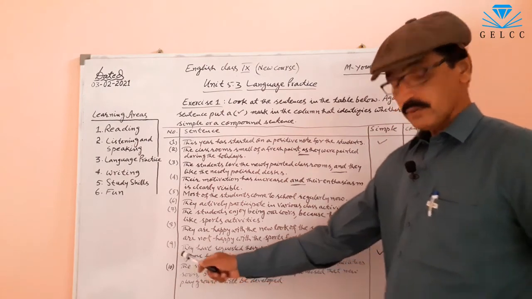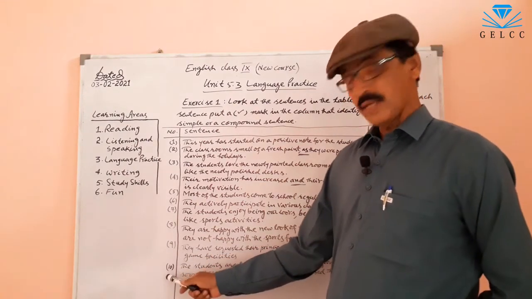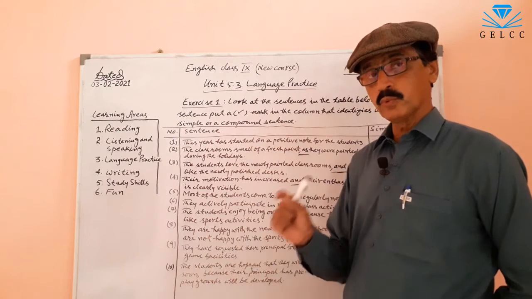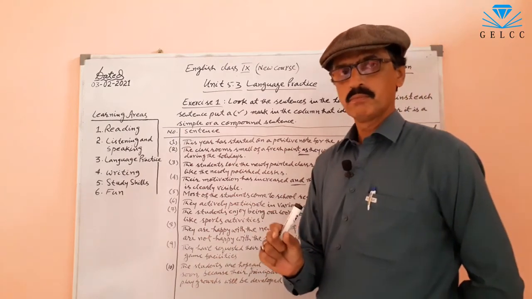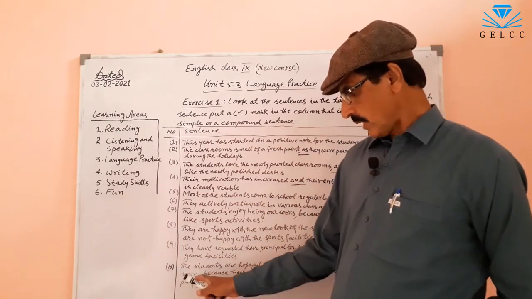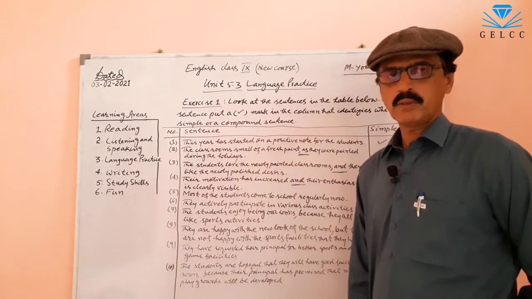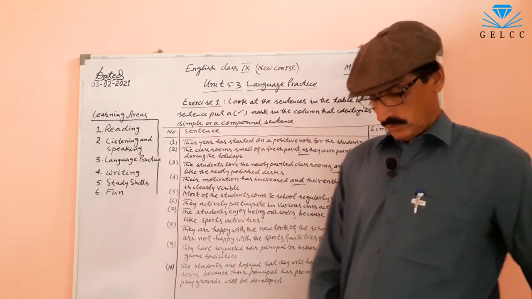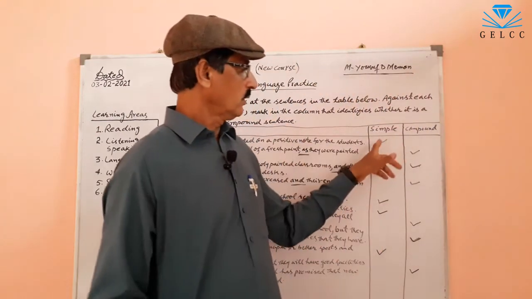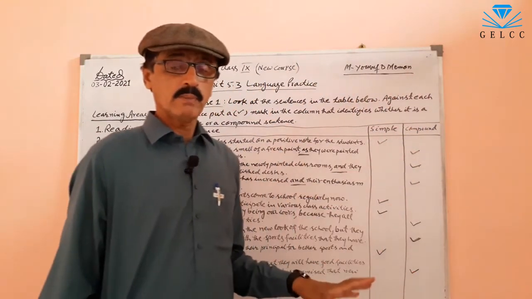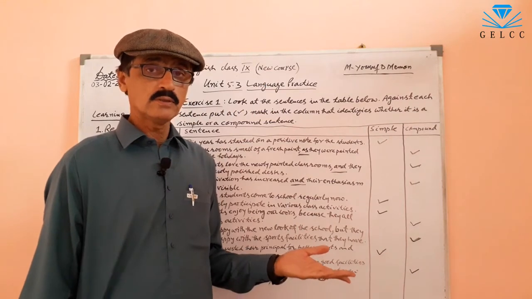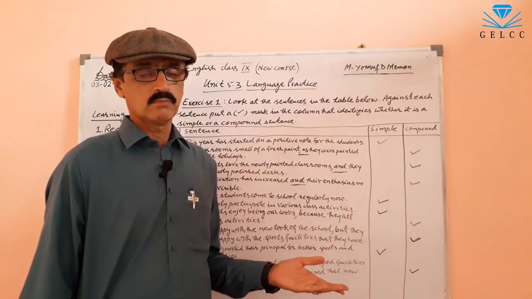So this 10th sentence is joined by two complex sentences, which are joined by a comma and the conjunction because. So not only simple and compound sentences, but another kind of sentence is the complex sentence.